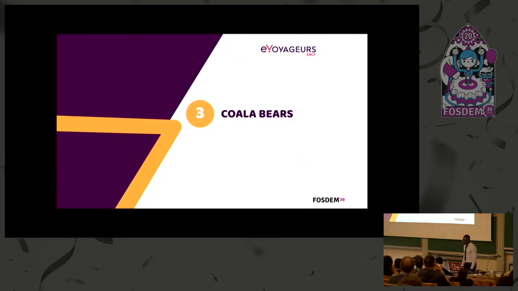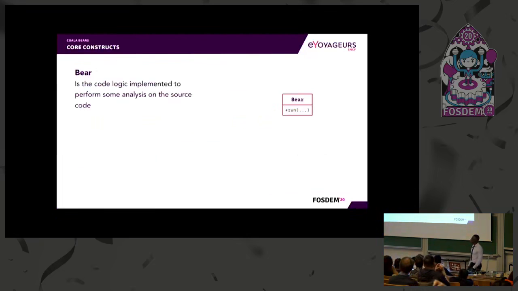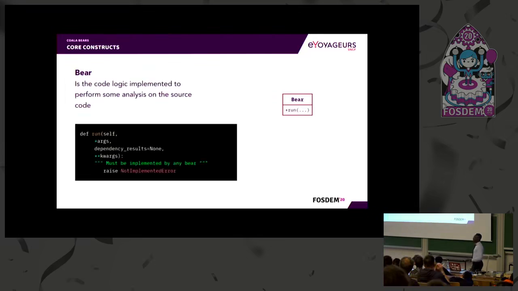Okay, let's see how bears work, what bears really are, and how to create your own bears. As I said, bears are only rules, but bears are the base construct when you need to write a rule. You have to implement the run function.